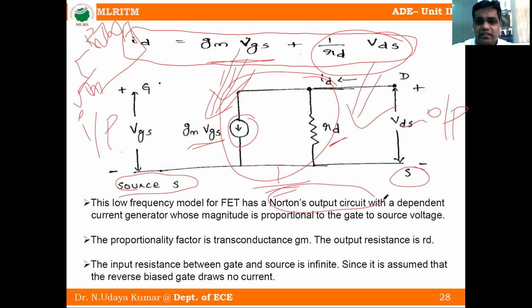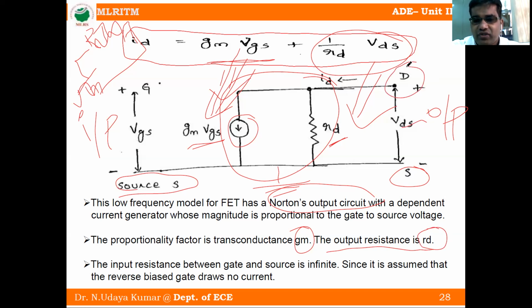Okay. So the proportionality factor is transconductance, that is called GM. GM is nothing but transconductance, which is measured in mhos. So the output resistance is RD. RD means drain resistance because it is a drain terminal.